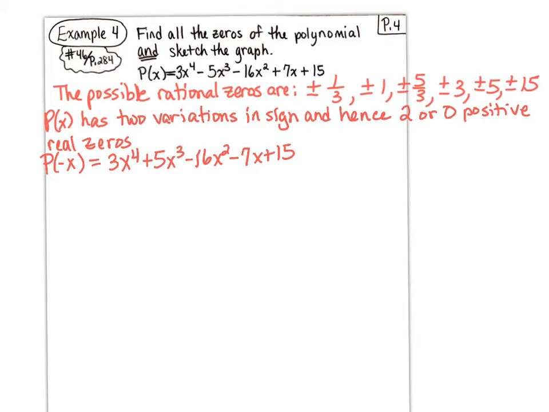Has how many variations? 2. Good. Has 2 variations. So that means what? What does that mean? Two negative real zeros. 2 or 0. Good.